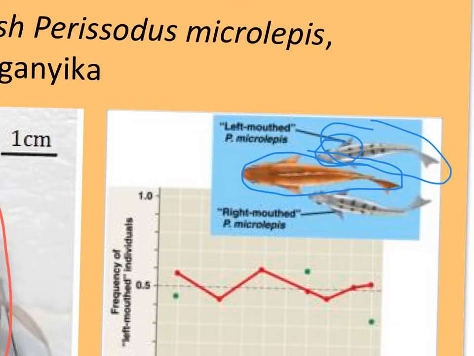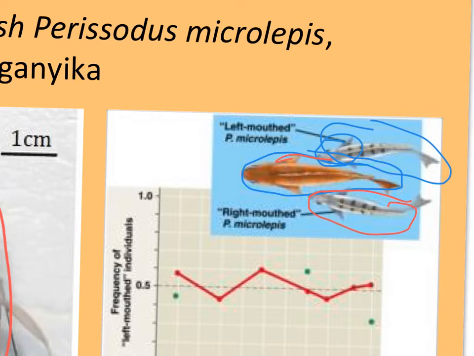And that means also that if you're one of the rare ones that has the mouth turned to the right, and this fish isn't usually focusing on that side, you have a much clearer shot at biting off a nice piece of flesh.